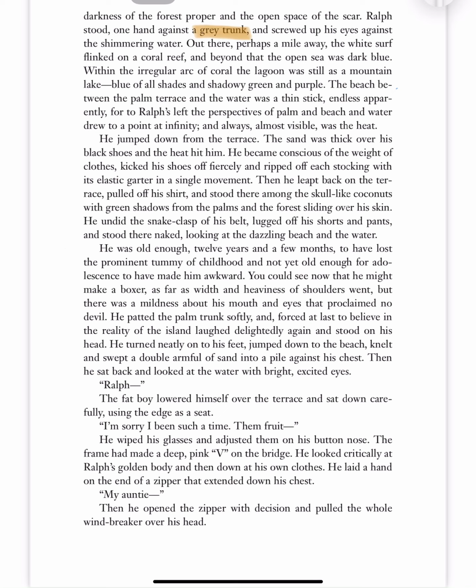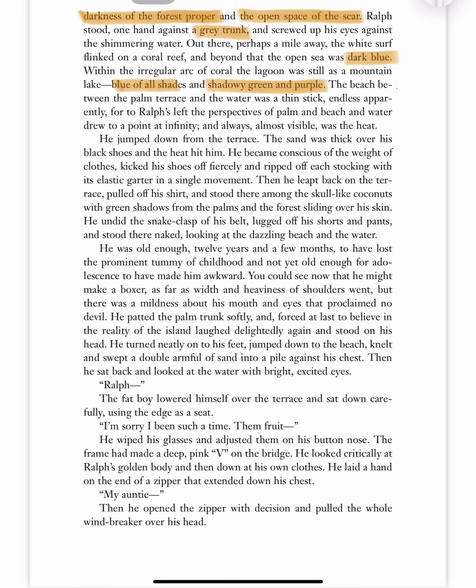"Behind this was the darkness of the forest proper," showing how thick the trees are behind them, "and the open space of the scar." The scar is another reference to the damage caused by the plane, and the word scar here is a metaphor to indicate a wound. It is as if the island is wounded, and the airplane is like a knife that caused that wound.